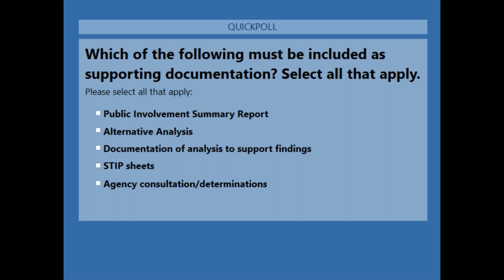Okay, so which of the following must be included as supporting documentation? Please select all that apply. We have public involvement summary report, alternative analysis, documentation of analysis to support findings, STIP sheets, and agency consultation determinations. I'll allow some time for people to submit their answers.